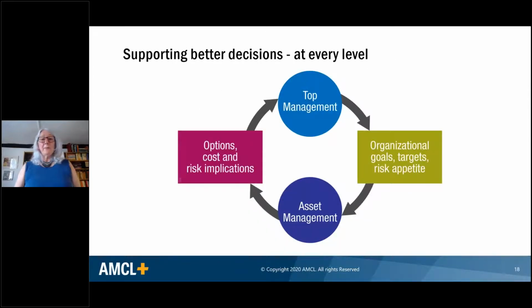Just to talk a little bit more about decision making, of course, we don't make all the decisions as asset management practitioners. Top management makes the decisions on things like capital program. If they're clear about what they want us to deliver, our job as asset management people is to deliver them the evidence, the options, the implications in a form that actually supports them in making better decisions.